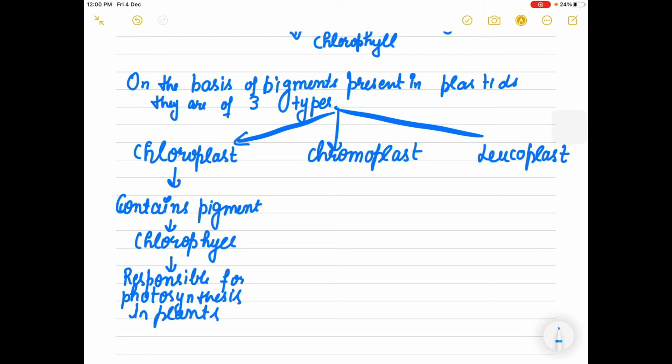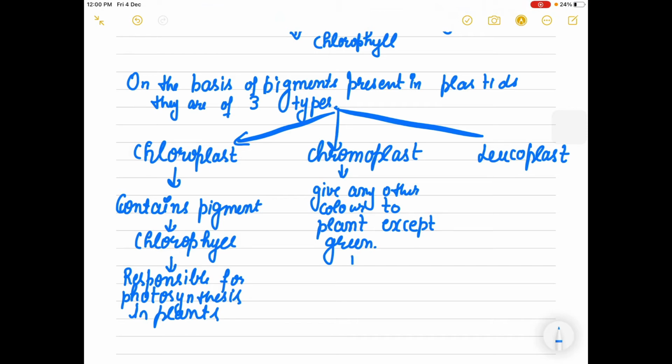And what about the chromoplast then? Chromoplast gives any other color to plants except green. Basically papaya which is yellow, or anything red in color, is provided by the chromoplast. They provide different colors to plants other than green.